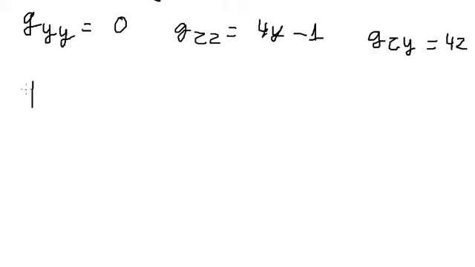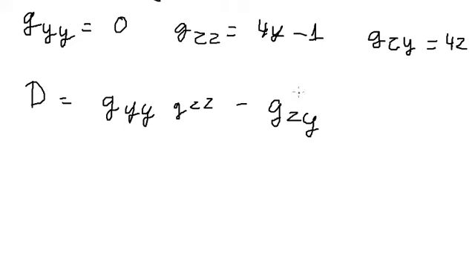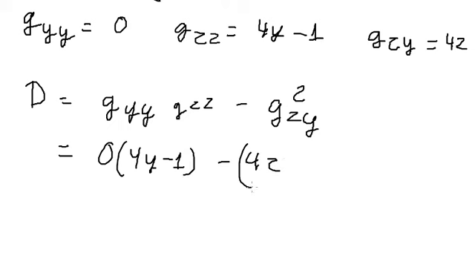Now we have the determinant. That is gyy multiplied by gzz minus gzy to the power of 2. So we just simplify.